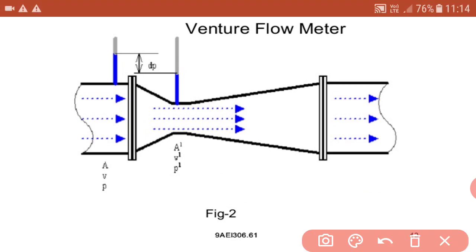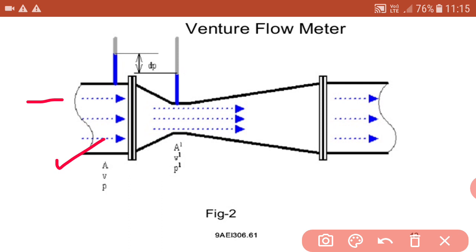This is the typical Venturi flow meter. So here we can see the blue dotted arrows are nothing but the fluid to be measured. Then A, V, P, it means cross-sectional area, velocity and pressure.